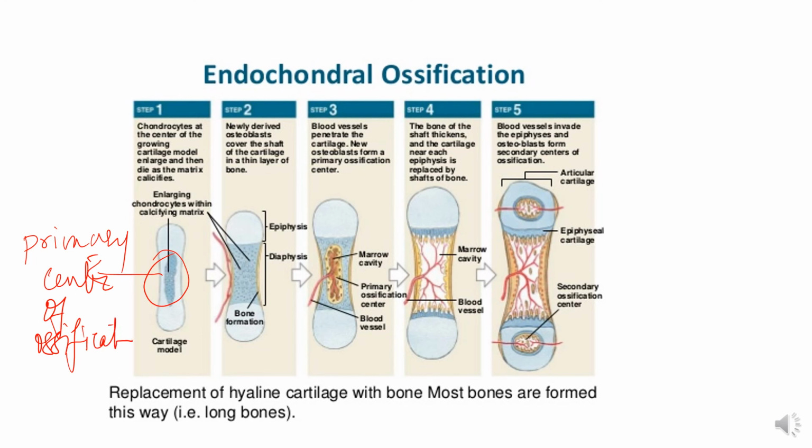Now the blood supply develops. Here you can see the blood supply, and after the blood supply is established, the bony tissue replaces the cartilage, and osteoblasts start secreting the osteoid around them, and that's how the bone develops in the shaft.